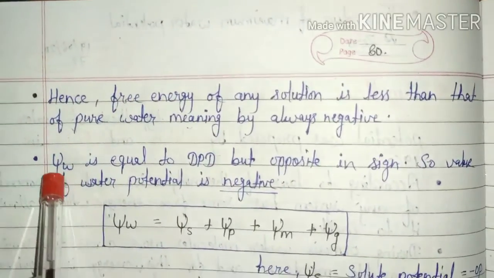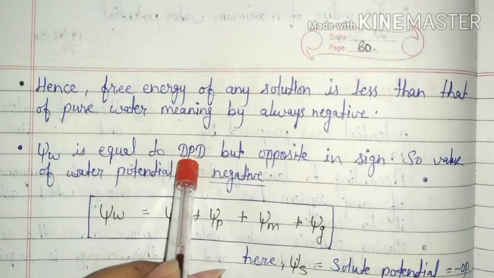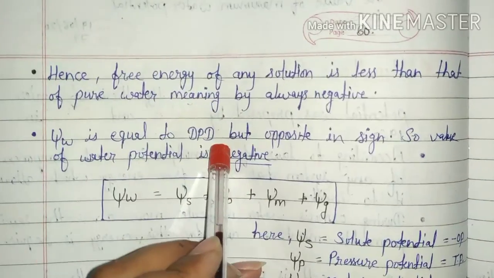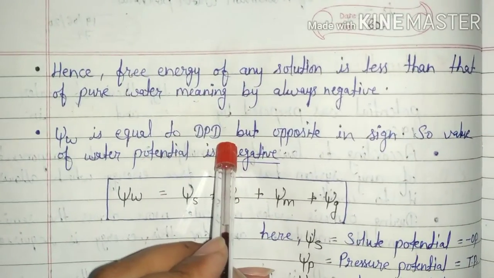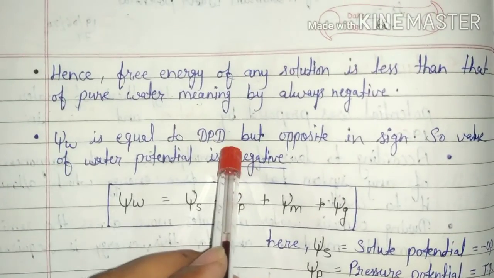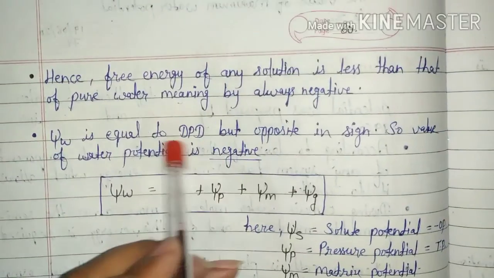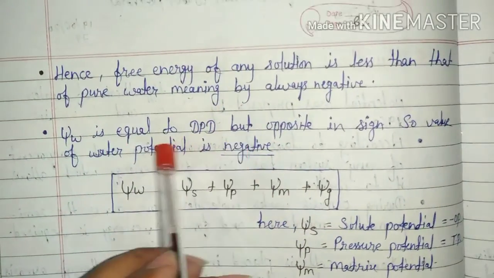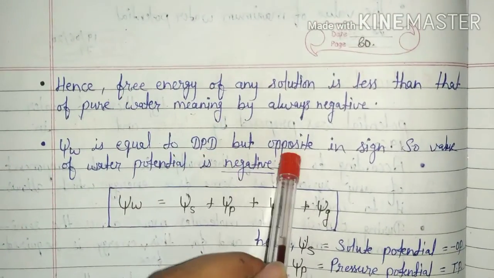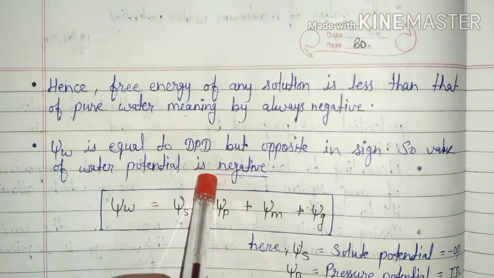Next, water potential is equal to diffusion pressure deficit or DPD, but the value of DPD is positive and that of water potential is negative. It means water potential is equal to DPD but opposite in sign, so the value of water potential is negative.